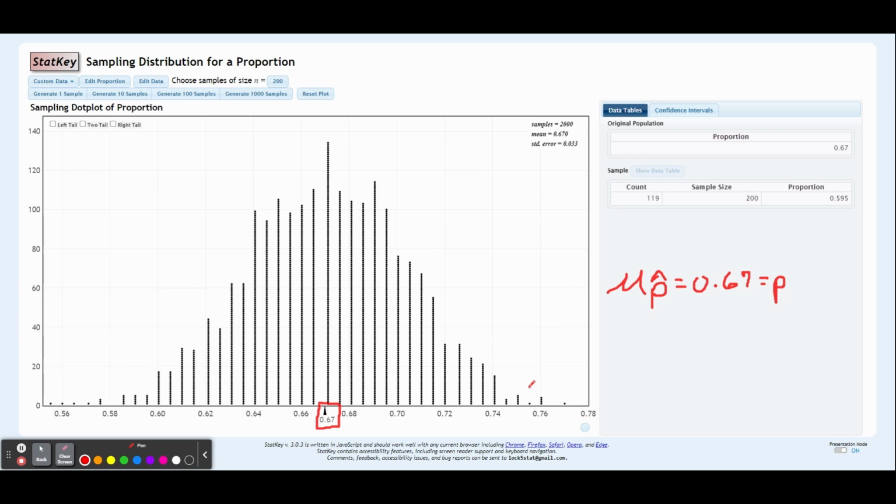And we would find, if we continue to investigate various scenarios of different proportions and sample sizes, that this rule holds true for all scenarios. The mean of my p-hats is going to be equal to the population proportion if I find the entire sampling distribution.